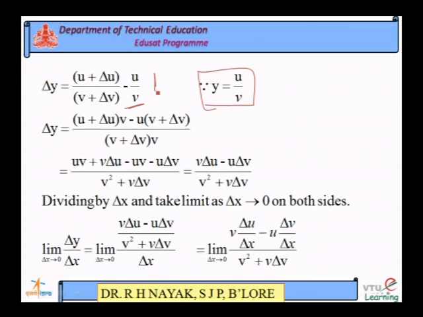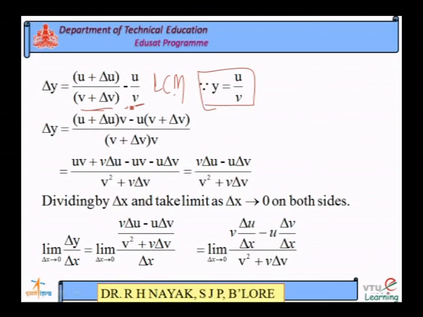Take LCM. The denominators are different terms, their product will become LCM, that is v plus delta v into v. The numerator becomes product of numerator of first into denominator of second, that is v into u plus delta u minus u into v plus delta v.